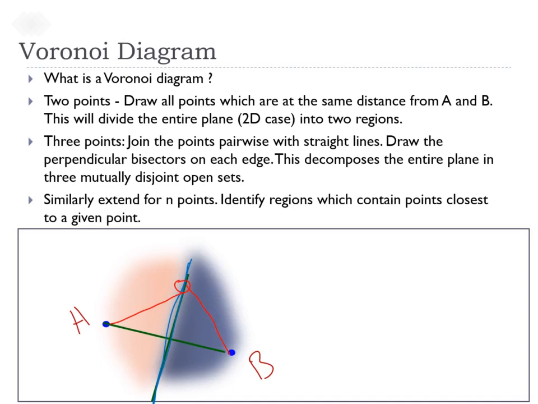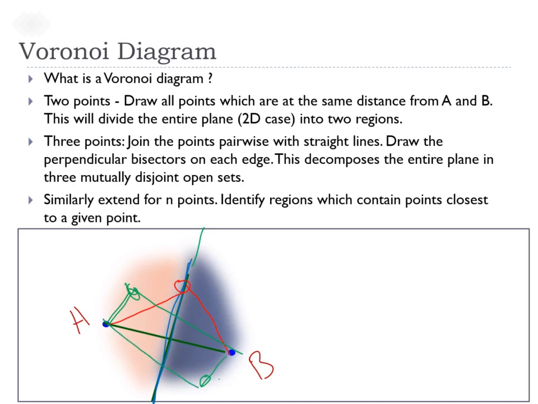Or if I choose any point at this side of the perpendicular bisector, then this point will be closer to A than to B. Similarly, if I choose a point here, then in this case B is closer than A.